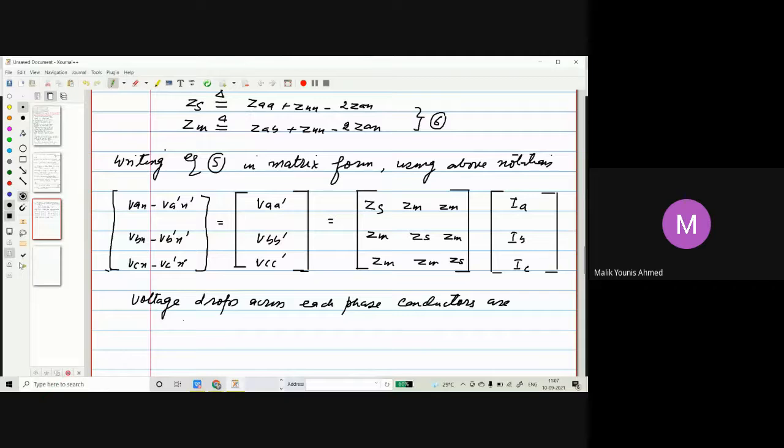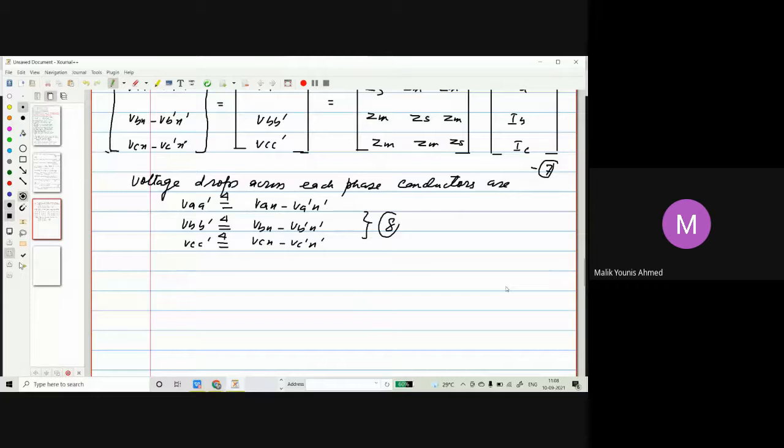So VAA dash, we have written approximately equal to VAN minus VA dash N dash, and then VBB dash, we have written approximately equal to VBN minus VB dash N dash, and then VCC dash, we have written equal to VCN minus VC dash N dash. Let's call it equation number 8 and call this matrix as equation number 7.